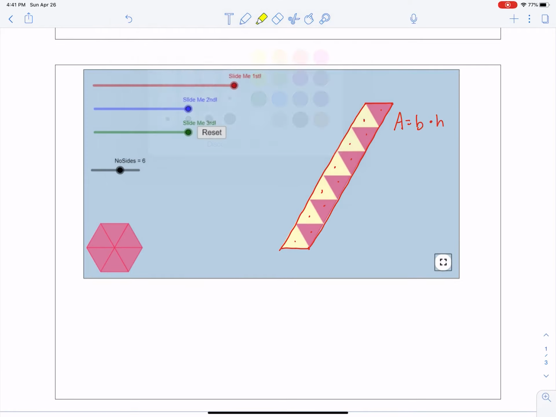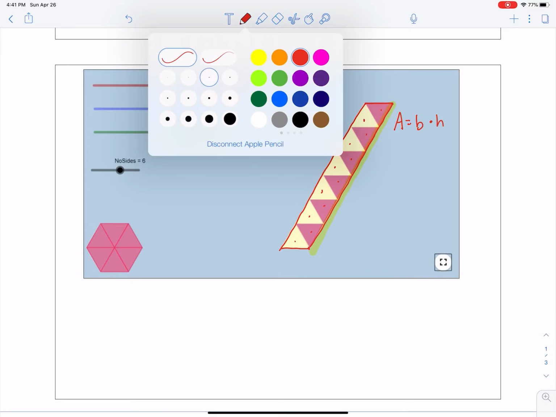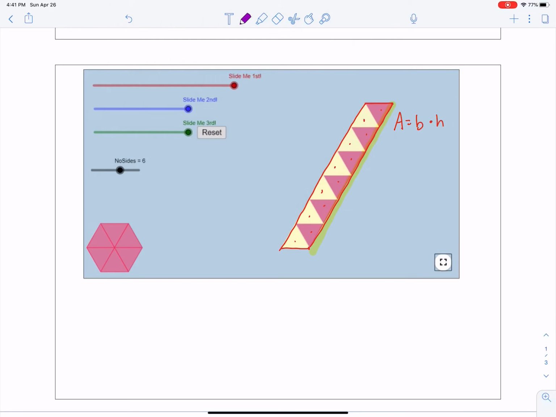And in this case, this is the base. And then the height is anywhere along one of these triangles perpendicular to the base. So when we look at the base here, the base is actually the measure of the perimeter of our regular polygon.